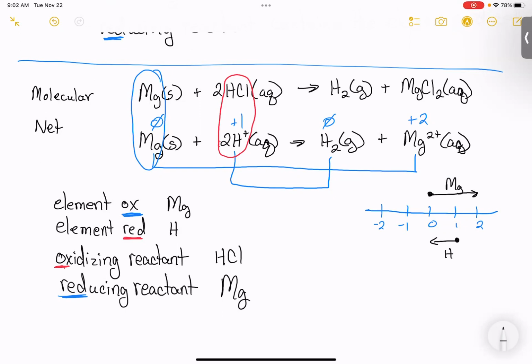Okay, I want to look at one more example in your lab, and because I don't have the lab handout with me, I think it was experiment, the magnesium oxygen one. Was that experiment 2 or experiment 3? Experiment 3.